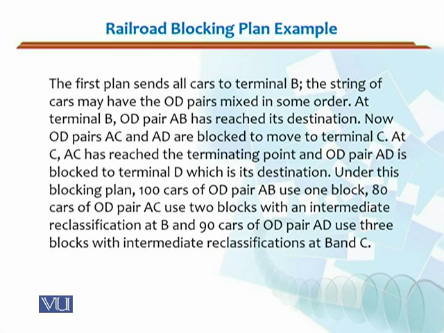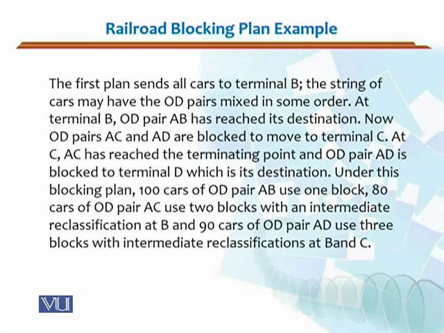All the cars have been sent to terminal B, and at terminal B, the origin destination pair AB has reached. Now AC and AD would be blocked to move to terminal C. Now at C, AC has reached the terminating point, and OD pair AD is blocked to terminal D, which is its destination.